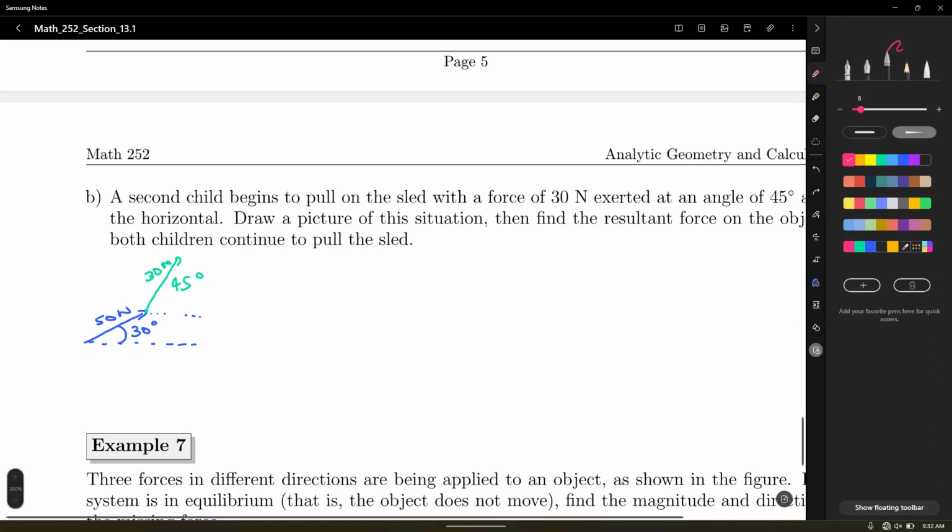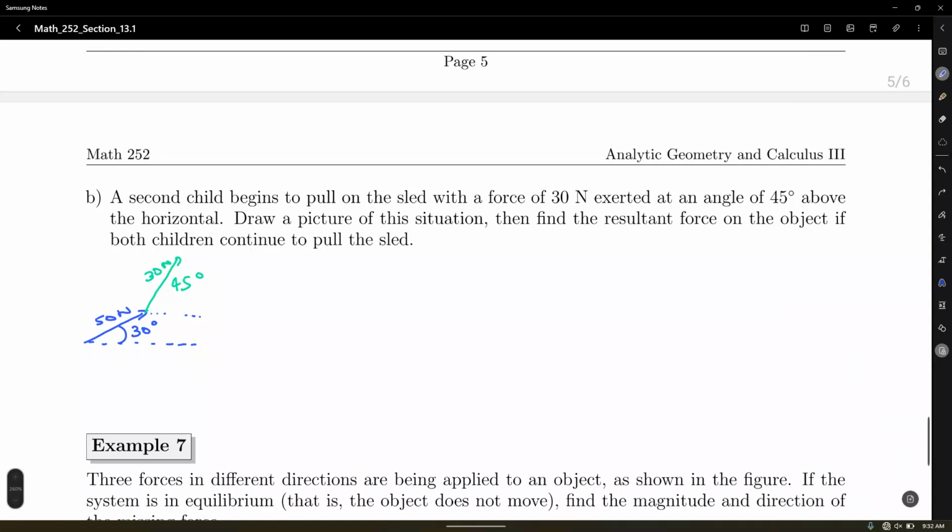All right, so, number one, I would need to describe the second force, the force exerted by the second child, as a standalone vector. So let me call that vector W, not V. We can use the same letter. The magnitude of W is given as 30 newtons.